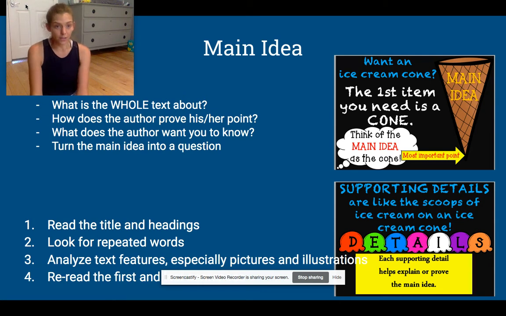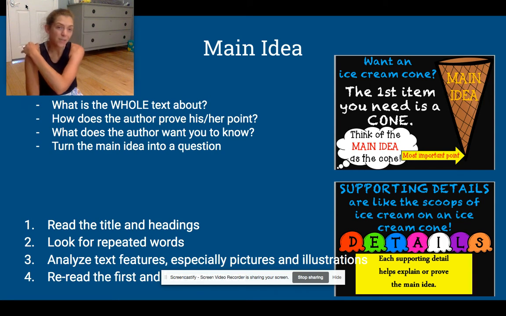When we look for those key details, if you have your main idea, and again, with testing, a lot of times Part A asks you for the main idea and Part B asks you for the supporting details. So if you're looking for the supporting details, you can turn your main idea into a question, usually a how question or a why question, and that will help you find the key details that you're really looking for, okay?